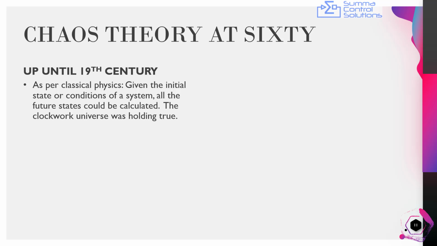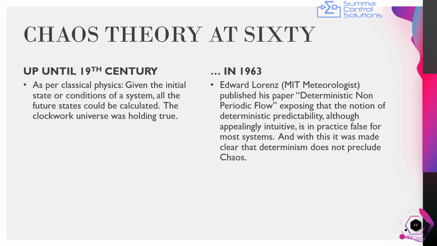That was the clockwork universe that held true up until 1963, when Edward Lorenz from MIT published his paper Deterministic Nonperiodic Flow, where he exposed that the notion of deterministic predictability, although intuitively appealing, is in practice false for most systems. With this, it was made clear that determinism doesn't preclude chaos or unpredictability.